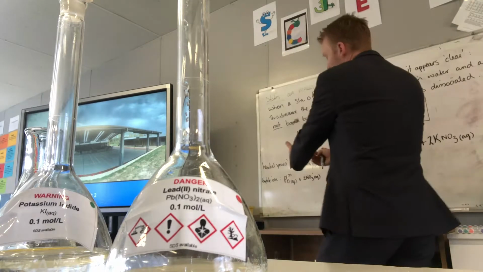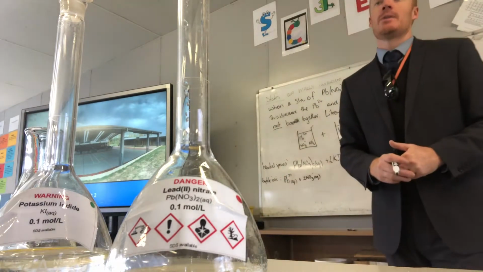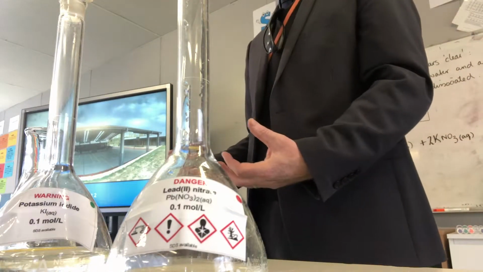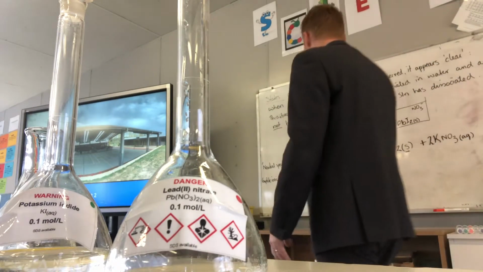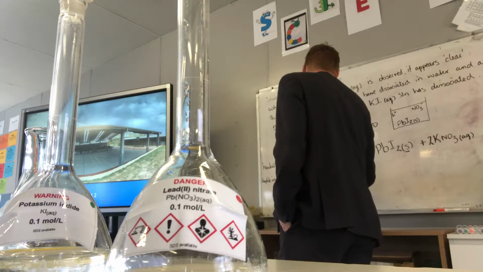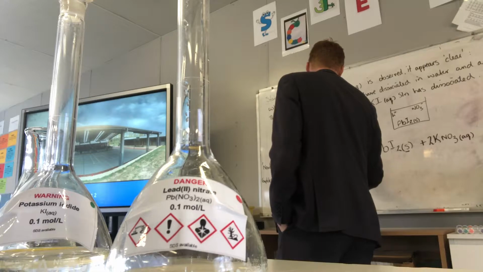See how I'm just pulling apart that substance and saying, well, what I mean by lead nitrate aqueous is that both my ions are dissociated. See that? What do you think I'm going to have to do with potassium iodide? Separate them as well. Oh, really, what I've got here is 2 potassium ions and 2 iodide ions.